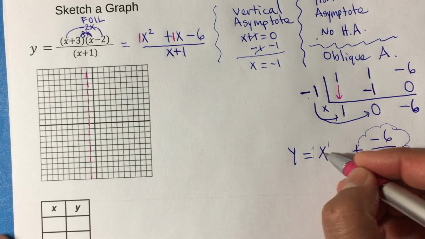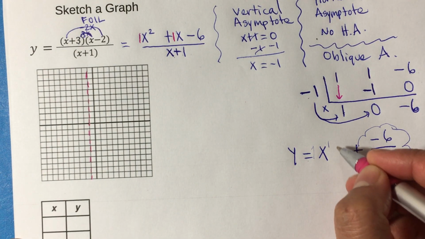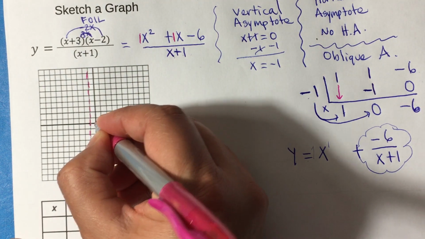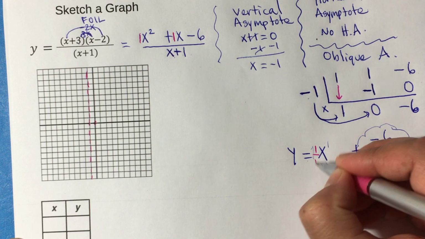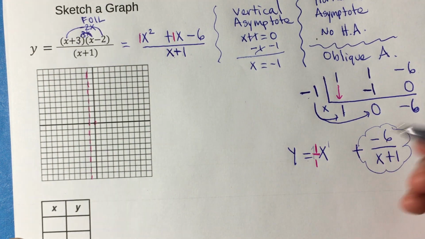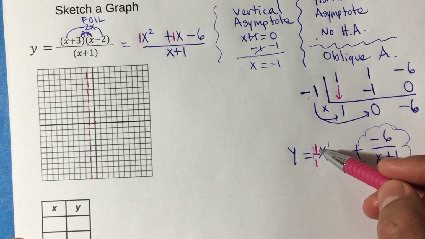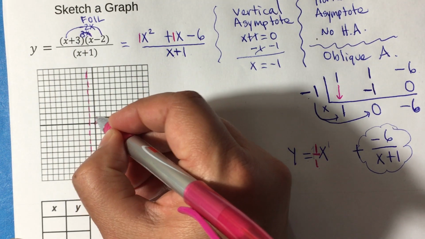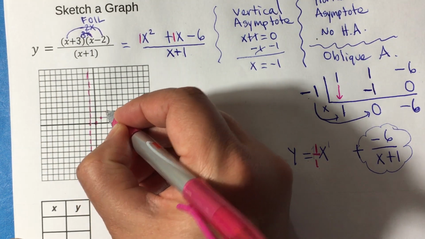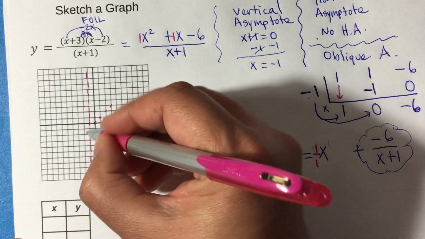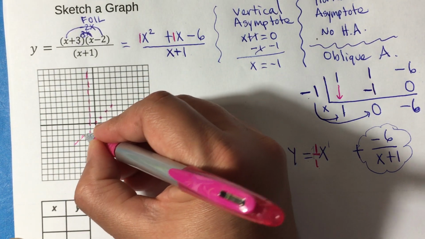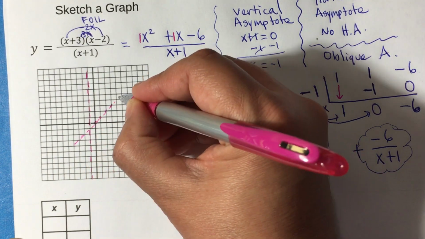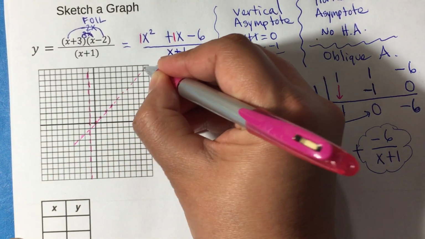So in here, it means that we start at 0, right? The initial point is 0. And then the slope is 1 over 1. The rise is 1, the run is 1. So 1 up, 1 to the right. 1 up, 1 to the right. And so that's going to be my slanted or oblique asymptote.